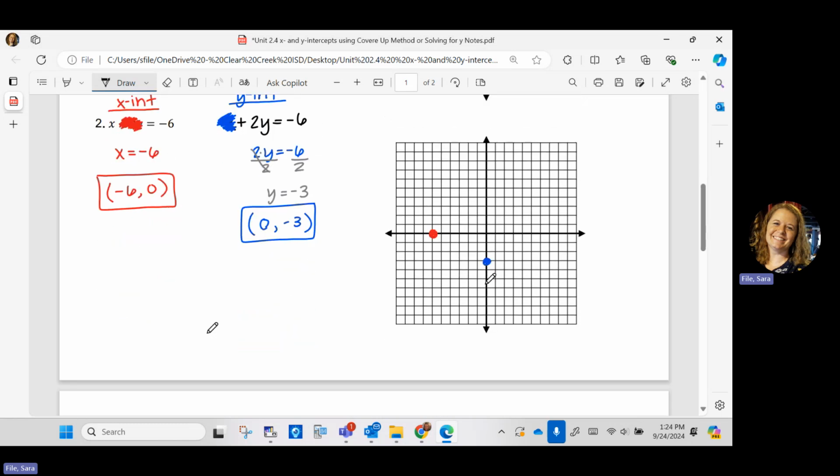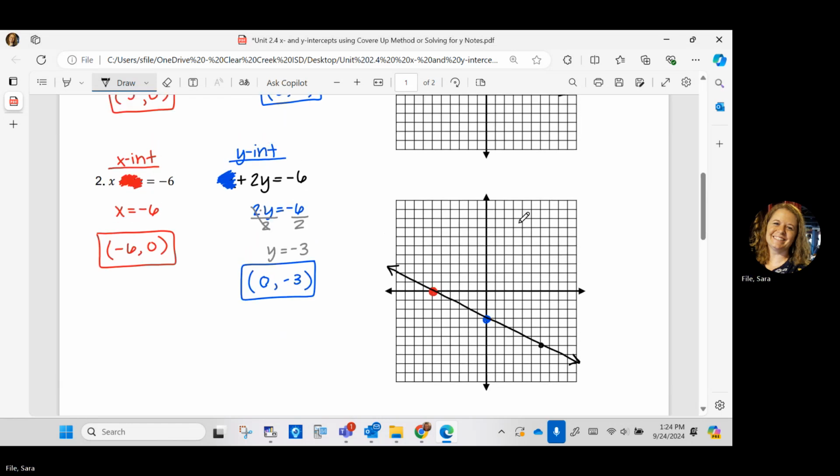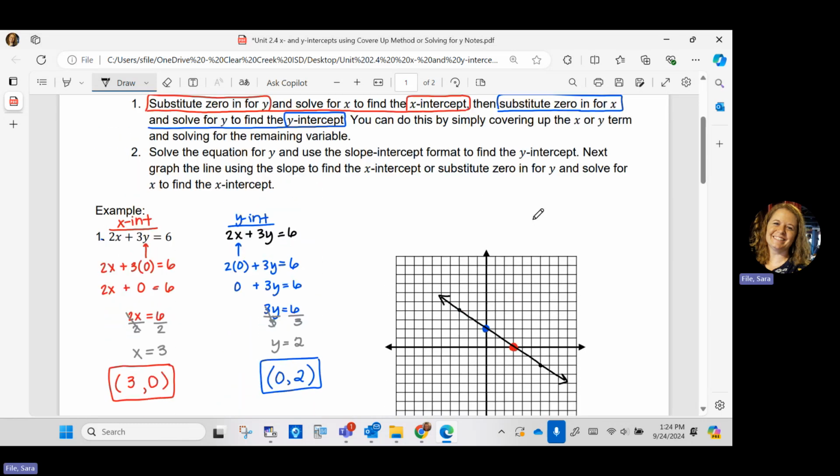Or you could go down 3, right 6, and get another point if that helps you to graph it. Then draw your line. There it is. That makes sense, that process?